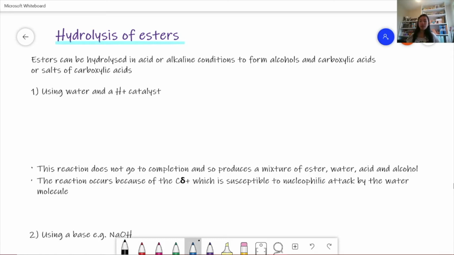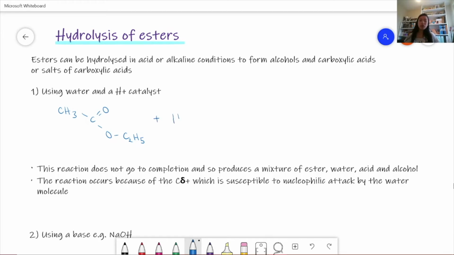So for example, if we have this ester, CH3, C double bond O, and then OC2H5, we would first name the alcohol. So we have ethanol, and then we also have ethanoic acid. So this is ethyl ethanoate.